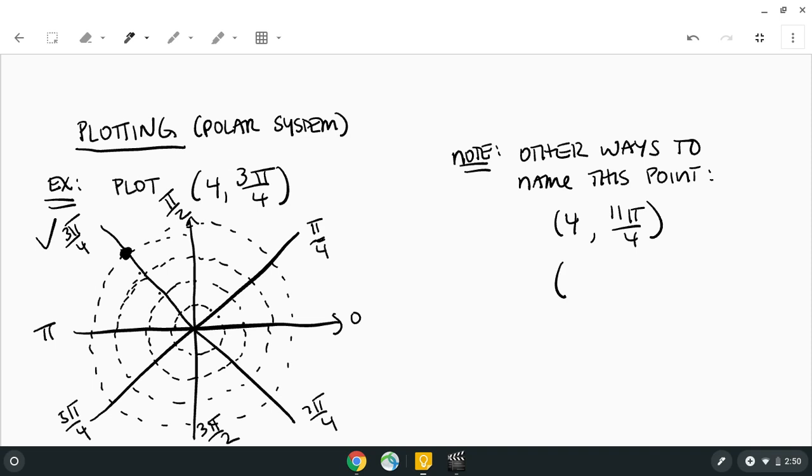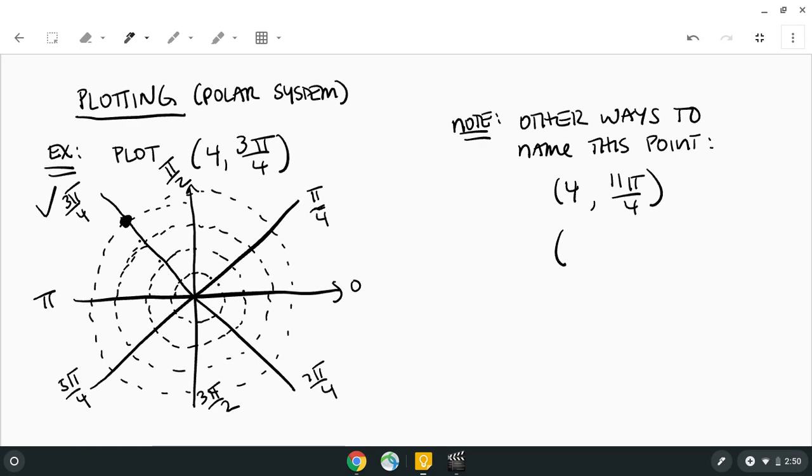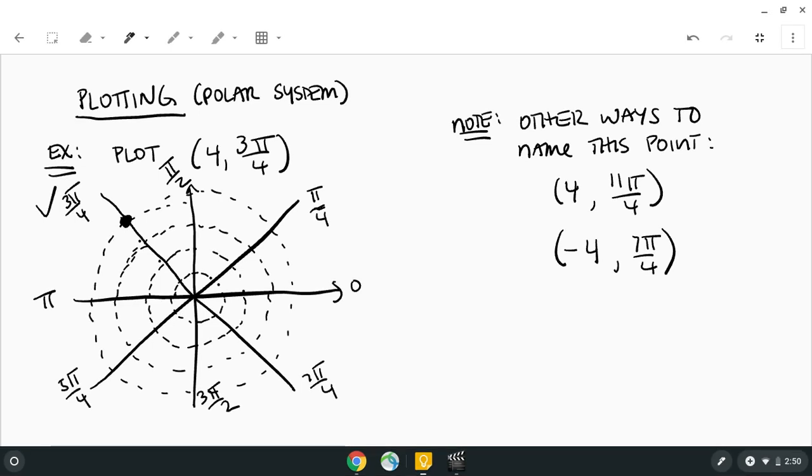Another way to do this is if I face 7 pi over 4, which is down here, I could face 7 pi over 4 and march backwards along that line, in which case my radius would be -4. So this is also another way to name that exact same point.